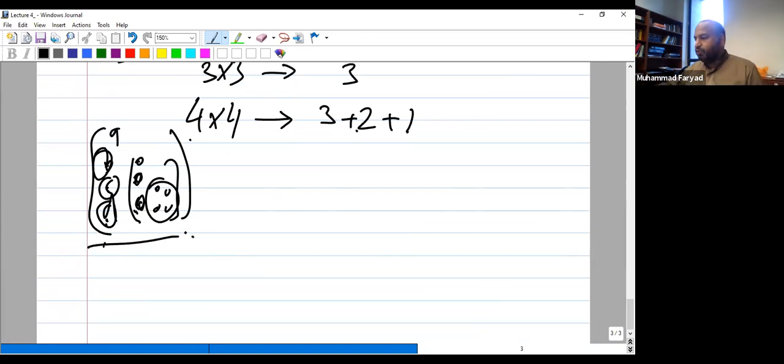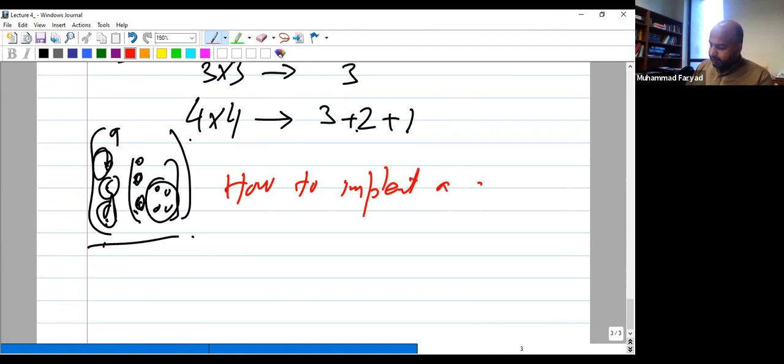Perfect. So, let's now go to the next part, which is how to implement each of the 2-level unitaries that we have got. So the second part is how to implement a general 2-level unitary.